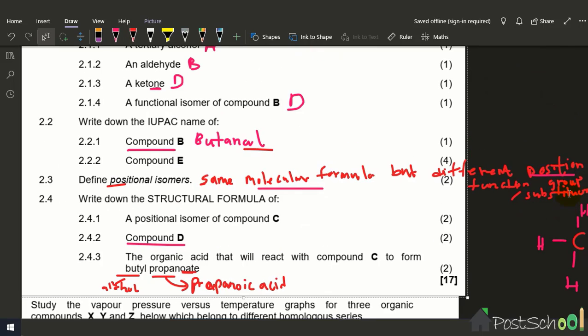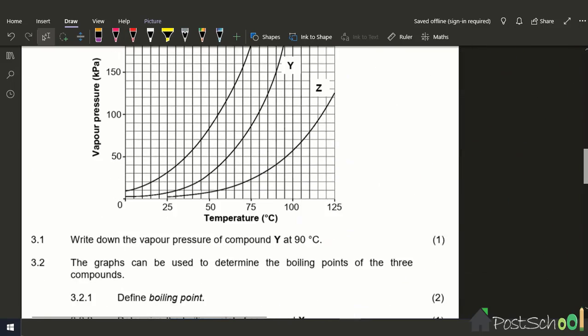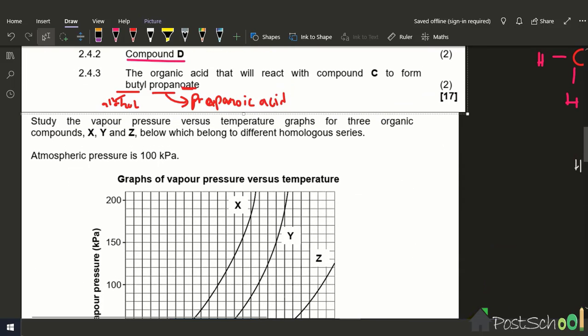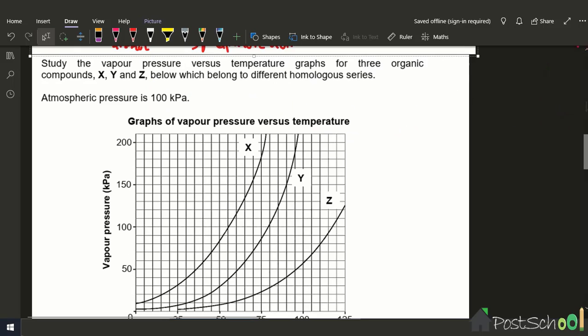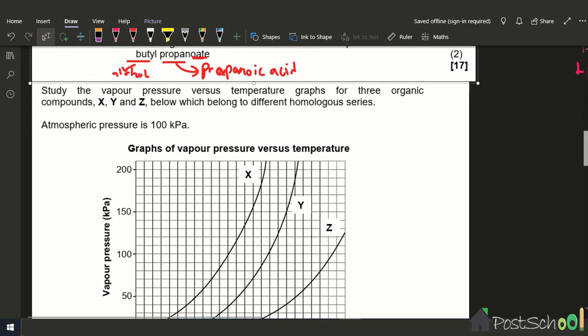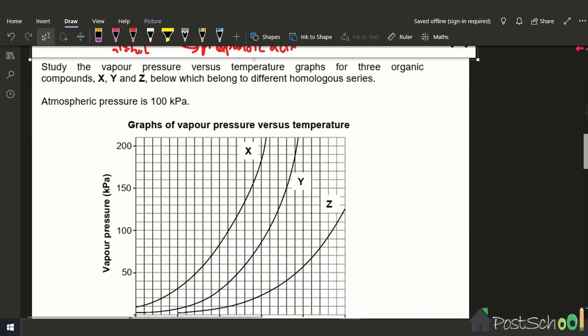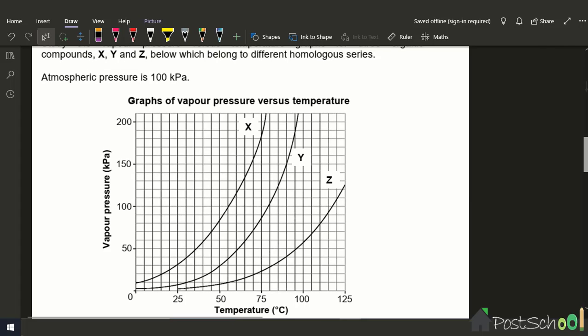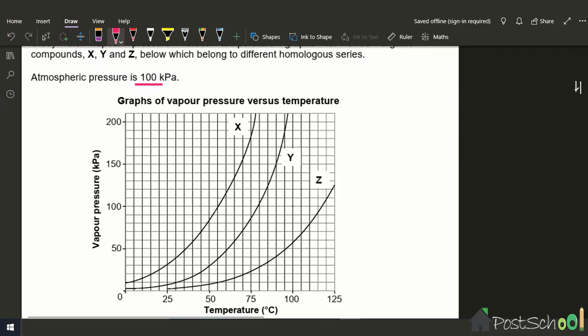So moving on, we come to this question: to study the vapor pressure versus temperature graph for 3 organic compounds X, Y, Z, as represented here, with different homologous series. Atmospheric pressure is 100 kilopascals.